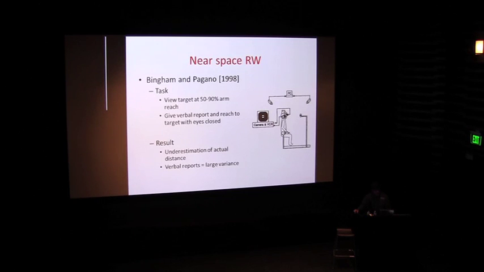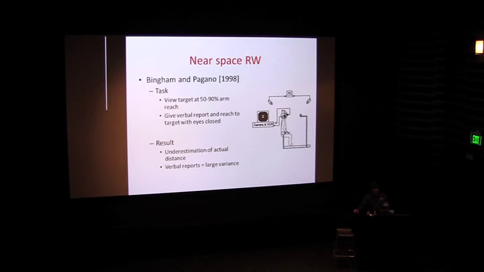So participants in this setup viewed targets that are between 50% to 90% of a person's maximum arm reach. And then he examined two kinds of responses: verbal reports, and the reason to examine verbal reports is because it is inherently cognitive, because when you perceive distances to objects, you have to interpret it in a cognitive fashion, and then be able to describe what you perceived.